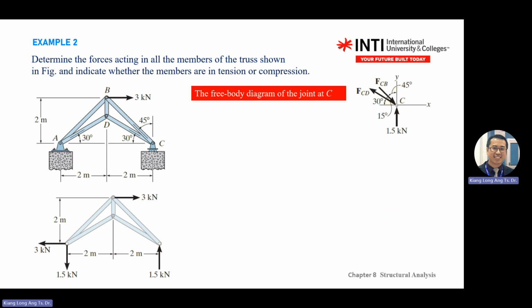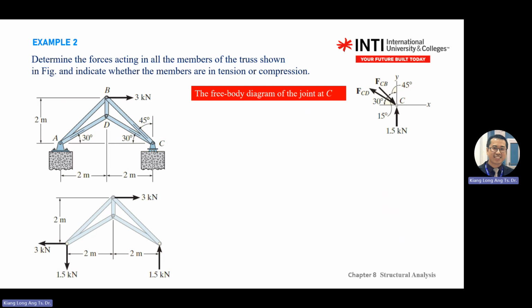Or if you're not sure whether you get 1.5, write CY first. Then only you substitute. So 1.5, and then this member and this member, F BC or CB, and CD or DC.